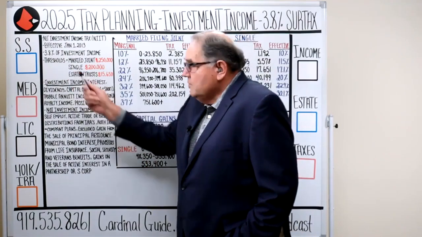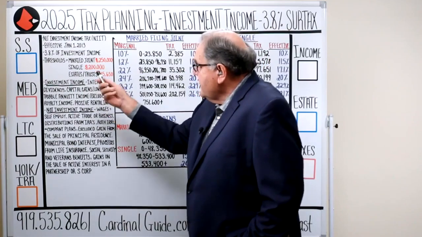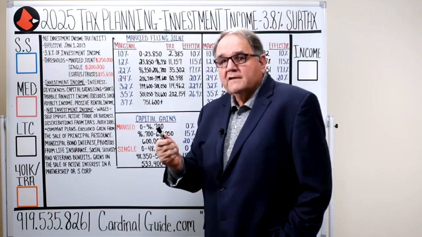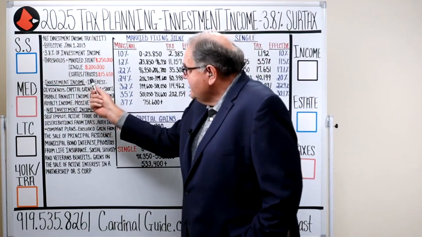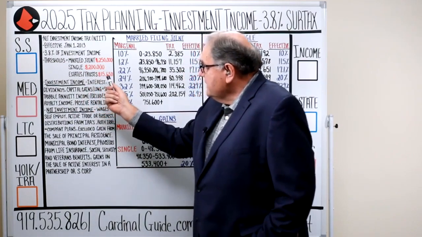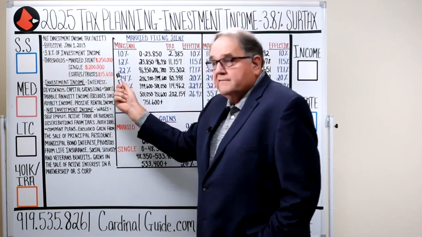The thresholds to pay the net investment income tax are pretty high: $250,000 for married filing jointly, $200,000 for single, and for estates and trusts it's actually pretty low, $15,650 in 2025.